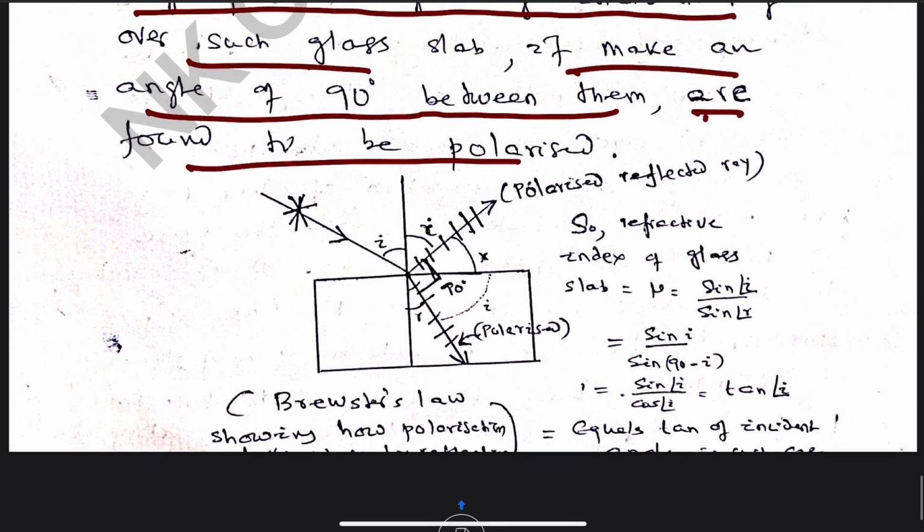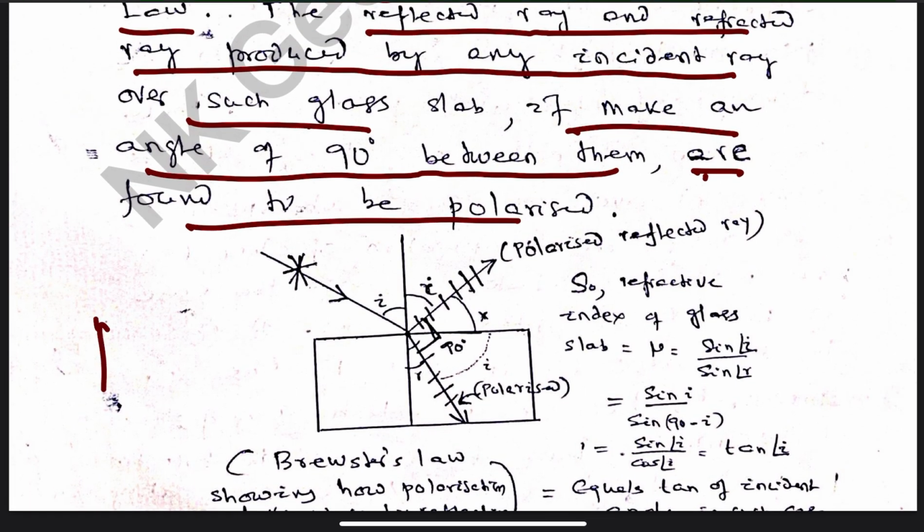So the essential condition is that mu should be equal to tan I, tan of the angle of incidence. In that case, the polarization takes place.